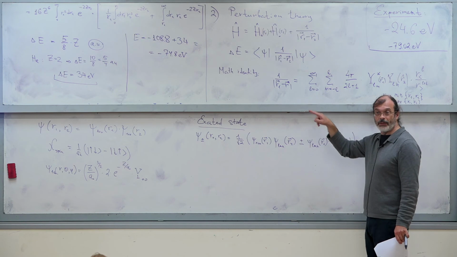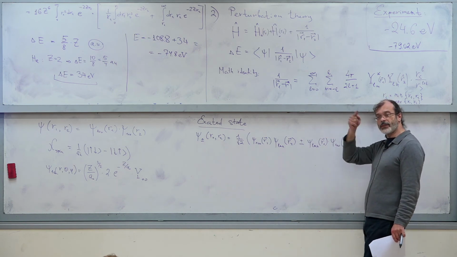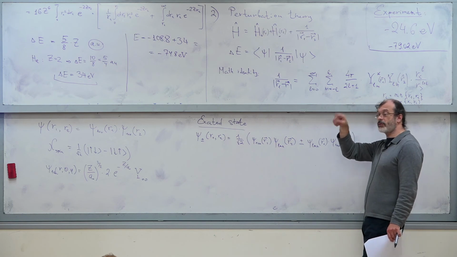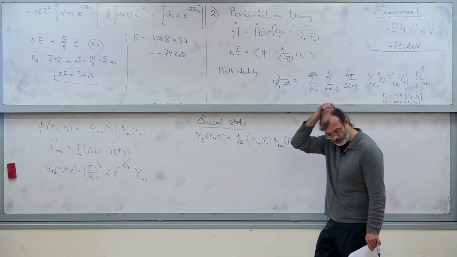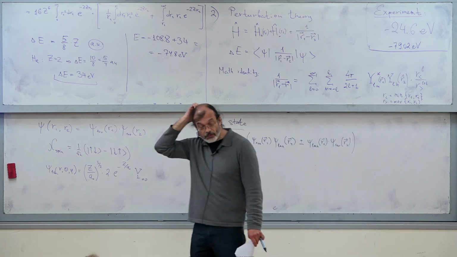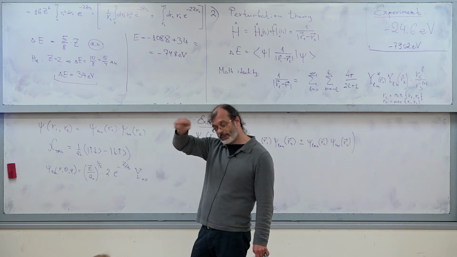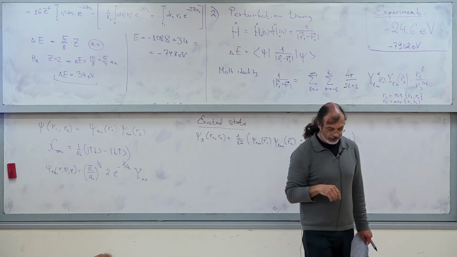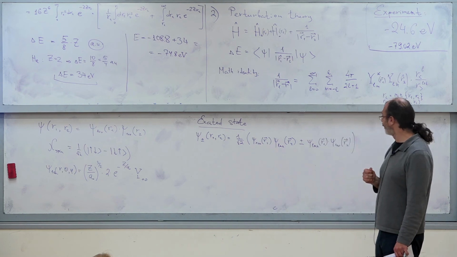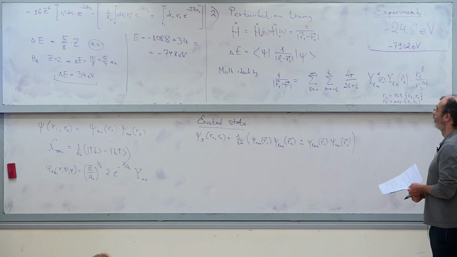And I hope you understand why: the perturbation theory will be more correct, because the second electron is actually going into the excited state, which is farther away from the nucleus, so its interaction with the nucleus will be weaker, and the interaction with the first electron will be weaker. So it's more reasonable to think that perturbation theory will be even more correct than the perturbation theory that we tried to apply for the ground state.